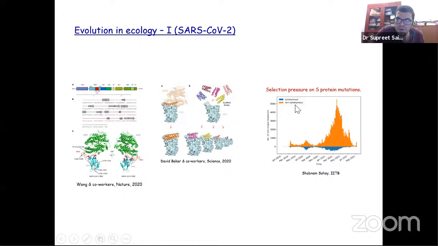The ones in orange are non-synonymous, so these are mutations which lead to a change in the amino acid sequence of the protein, whereas the ones in blue are synonymous changes, which are changes in the DNA sequence that do not lead to a change in the amino acid sequence. Again, the hope with theory is that you might be able to work with this data and recognize underlying patterns which dictate the evolution of this particular protein. This is the analysis that an undergrad working with me has been doing in the lab.